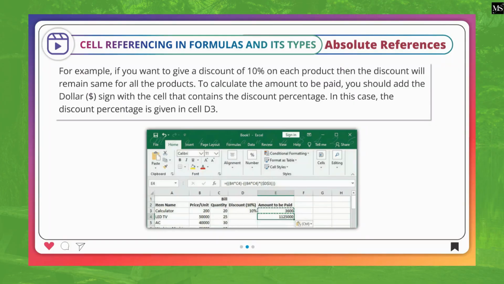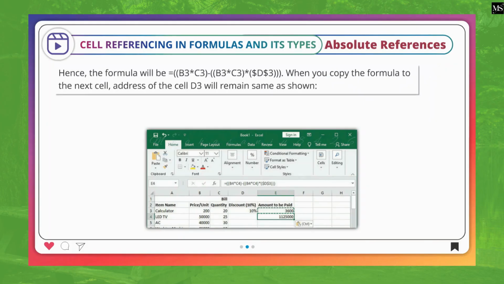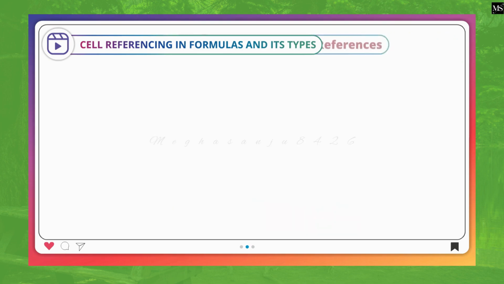To calculate the amount to be paid, you should add the dollar sign to the cell that contains the discount percentage. In this case, the discount percentage is given in cell D3. Hence, the formula will be as shown. When you copy the formula to the next cell, the address of cell D3 will remain the same as shown.